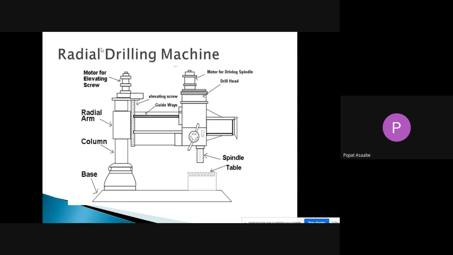How does the drilling machine work? What is its principle? Simply, in the drilling machine one motor or power transmission unit is used. When we start the motor, the spindle starts to rotate, and the machine uses a step pulley for power transmission.